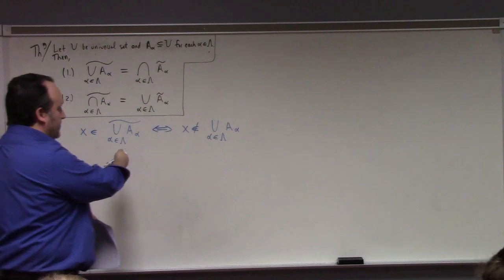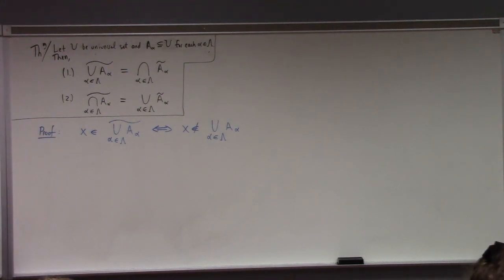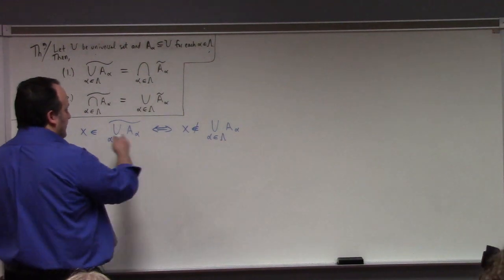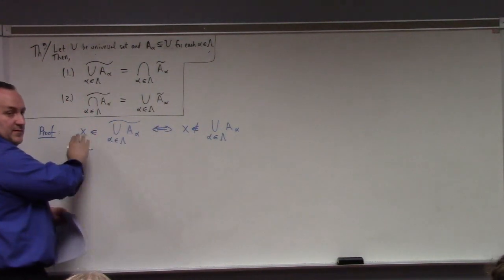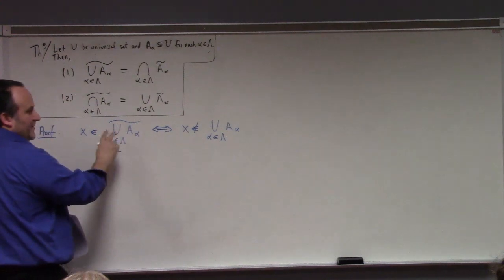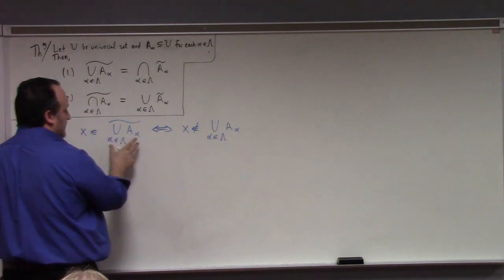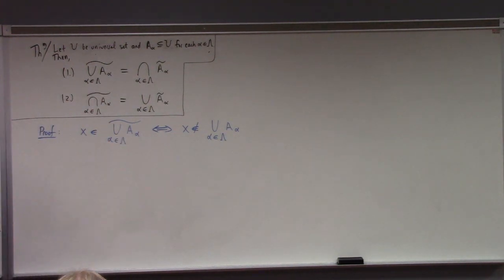What does it mean to be in the complement? It means that you're not an element of the set. This is one way we can state the definition of complement. And do you agree that this is a reversible arrow because this is essentially the definition of the complement of that set? So I have both directions here.